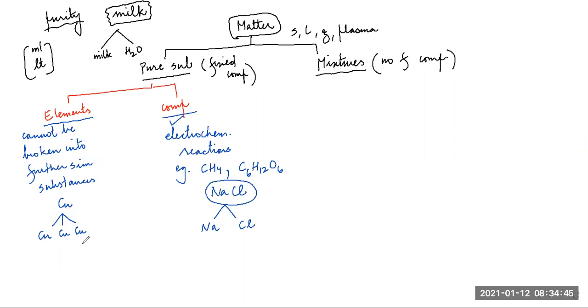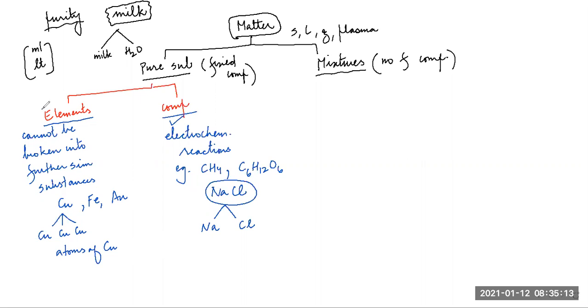You mean to say the smallest you go could be again the atoms of copper. Copper cannot be classified or broken down into some other simpler substances. Same is the case with iron, same is the case with gold and so many other elements.